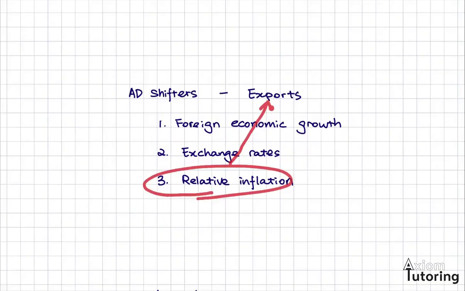If UK inflation remains lower than inflation among its trading partners, UK goods may gradually become more price competitive. This can increase UK exports and shift aggregate demand to the right. But competitiveness can also depend on non-price factors such as quality, reliability, design, and the quality of customer services.